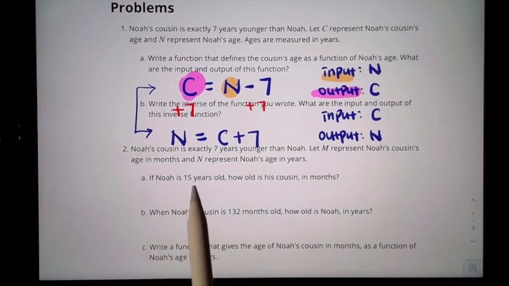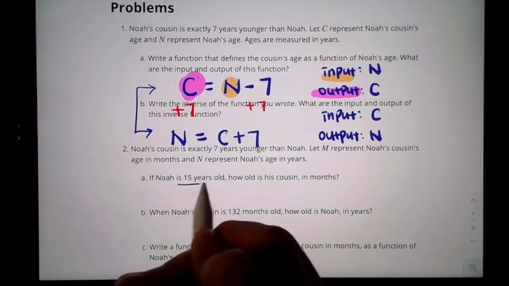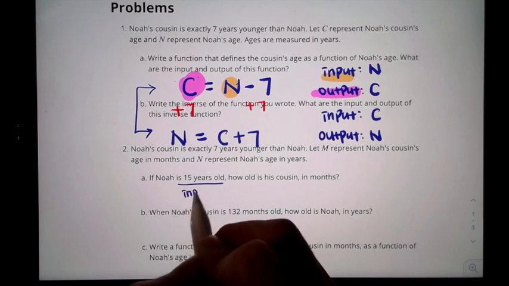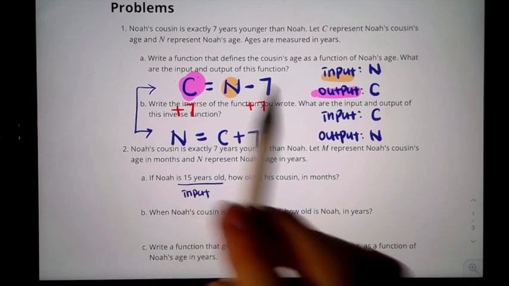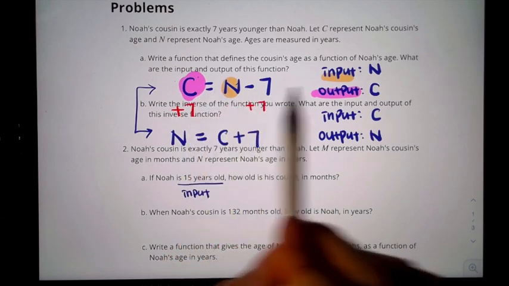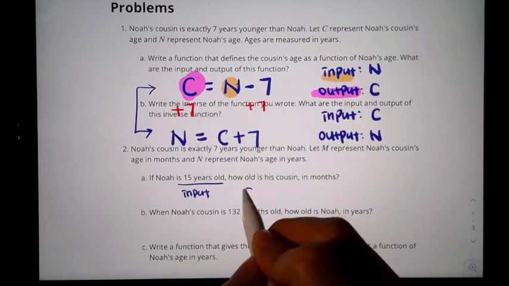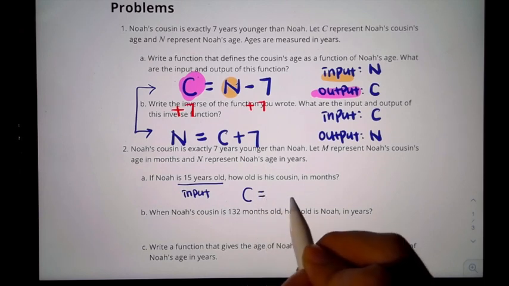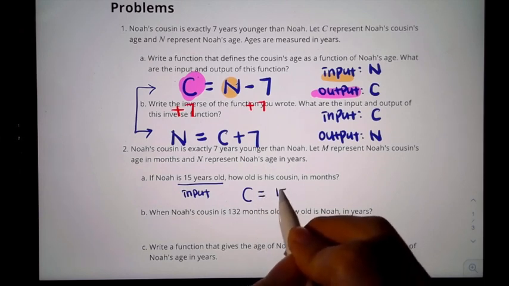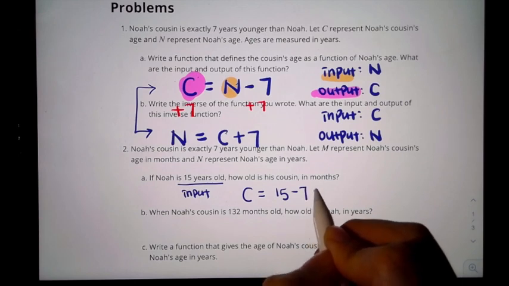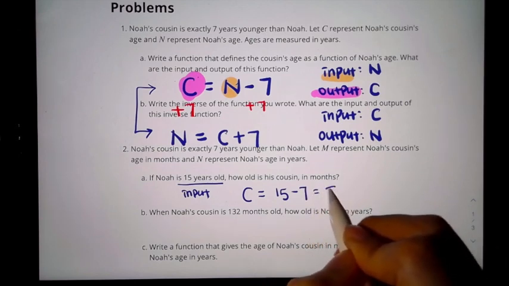Noah's 15, so this is our input. Because input is N, I'm going to use this. Then you get C, the cousin's age: 15 minus 7.